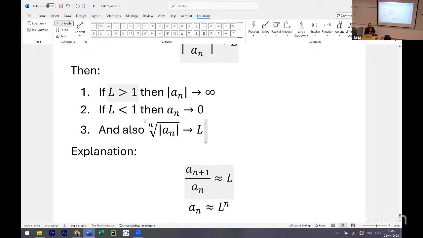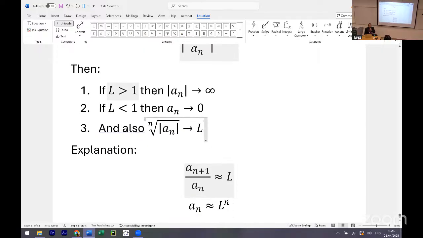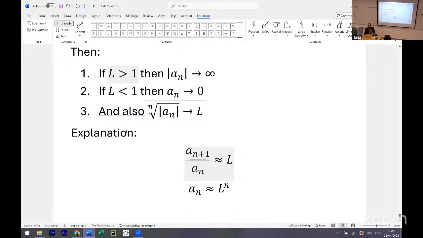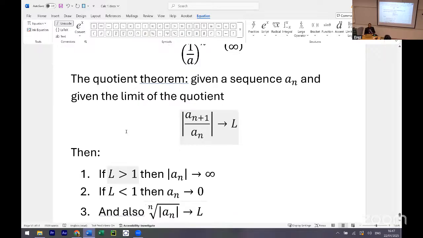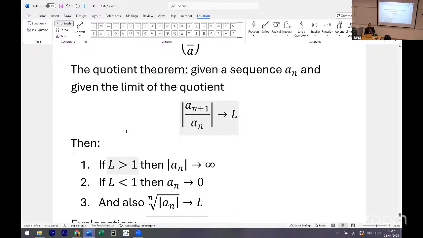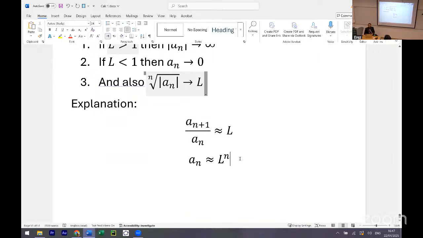The first two are not that hard to prove, but this one is the one that takes most of the time. But in any case, you can use this theorem, even though I didn't prove it. And I'll show you now how we can use it. Example.